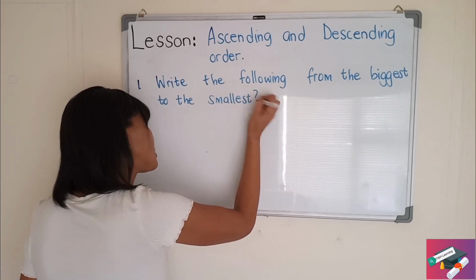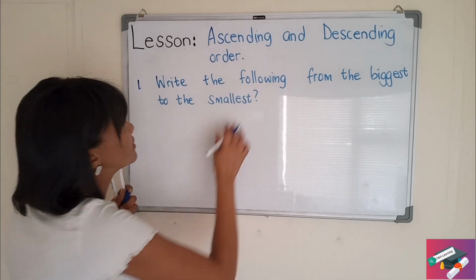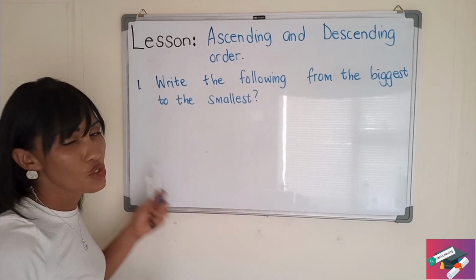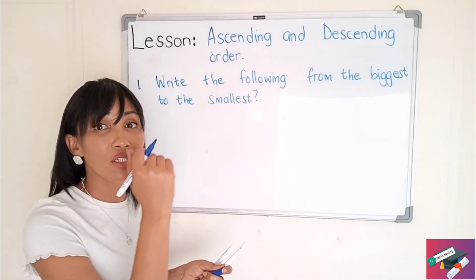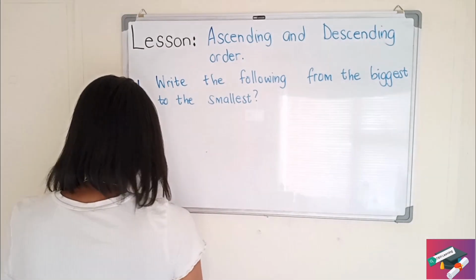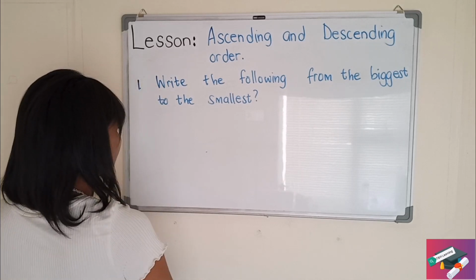So by looking at our question, write the following from the biggest to the smallest. So what is biggest to the smallest? Our descending order.